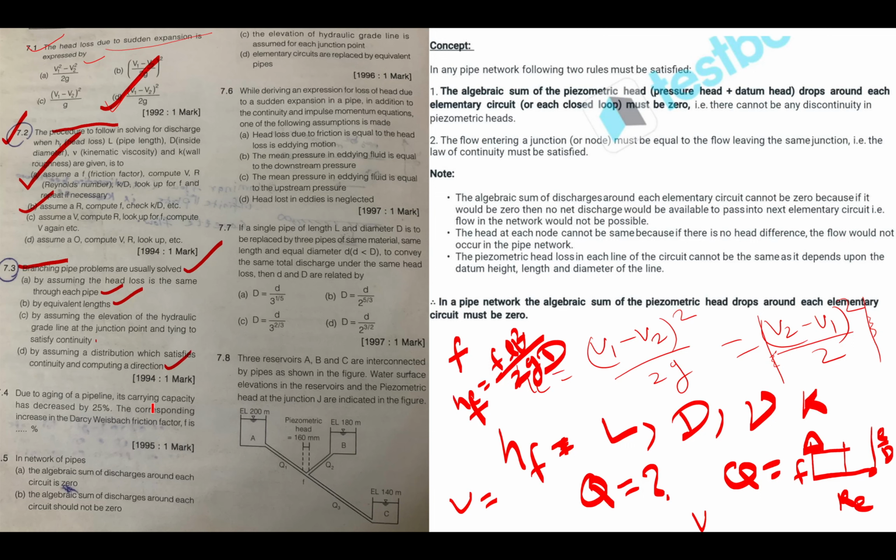So which option is correct for that? In the branching pipe problem we generally consider the continuity equation. Yes, definitely. So option D is correct for this question.